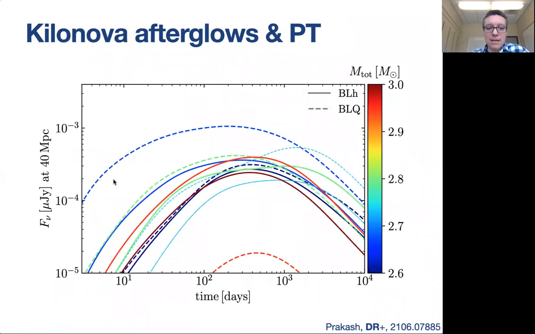Systematically, we see that equations of state that have a phase transition or other physics that cause softening of the equation of state at high density, for example the appearance of hyperons, naturally generate a much larger amount of fast-moving ejecta, and so much brighter kilonova afterglow signals.